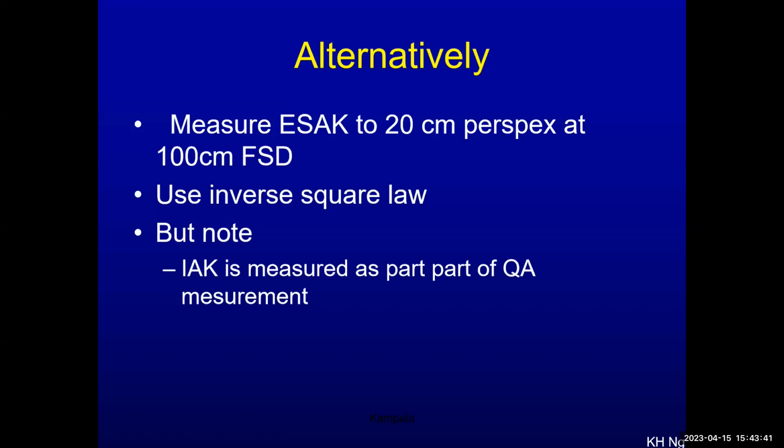If we perform our QC properly, each room, each X-ray equipment will have the incident air kerma measured at least once a year, right? So we can use that data. So we know that, and then we can work out, approximate the patient dose.